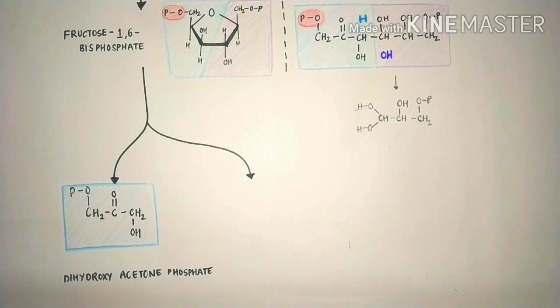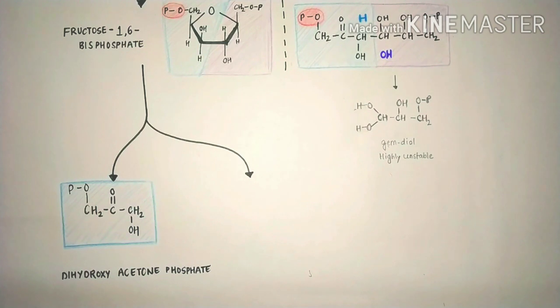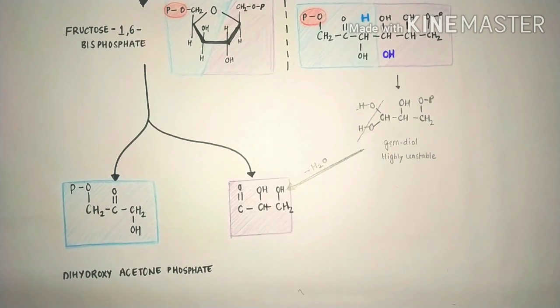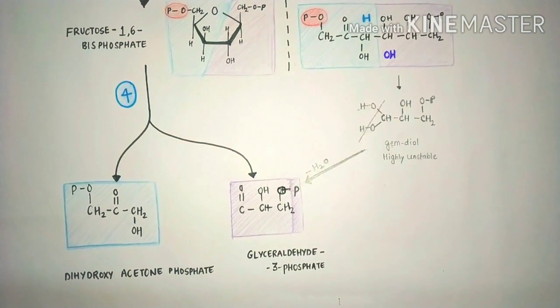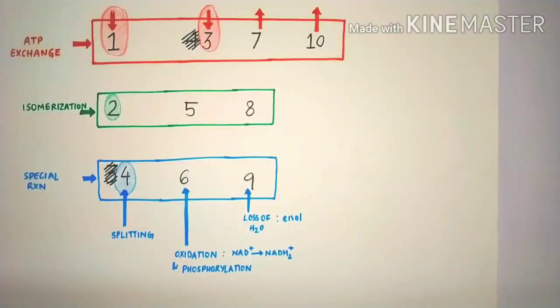The unit with carbons 4, 5, 6 forms a highly unstable gem diol, which immediately loses water and forms an aldehyde, which is glyceraldehyde, as we learned in part 2. It has a phosphate group attached at 3rd position, so it becomes glyceraldehyde 3-phosphate. And this was step 4.